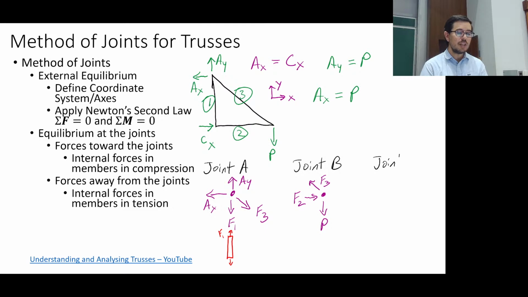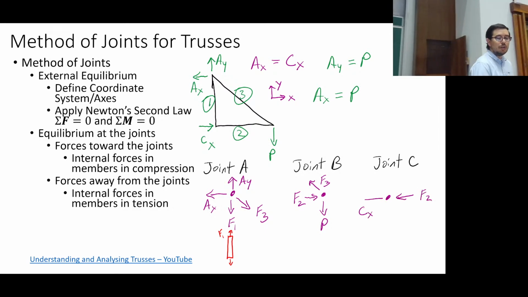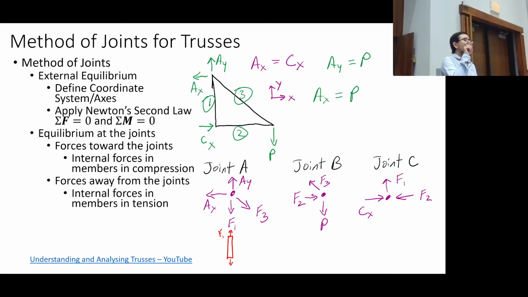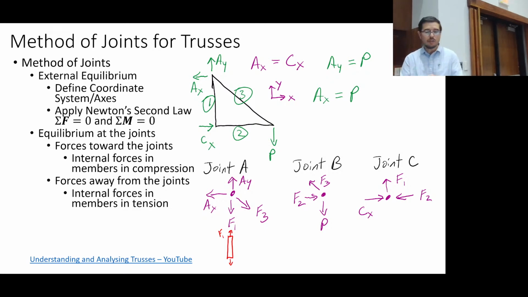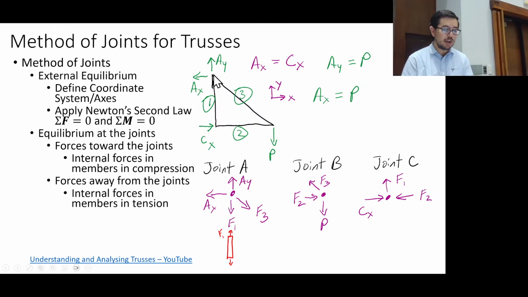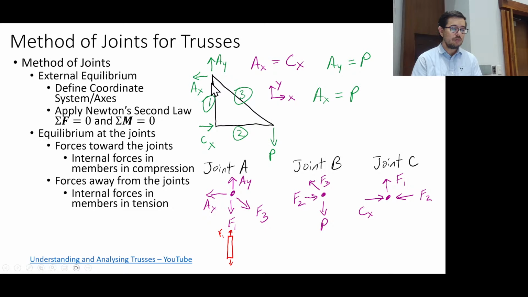All right, so this is the method of joints very quickly. You say there's a joint, and then you draw vectors. So let's say this is joint A right here, and we have the forces from the wall, reaction forces Ay and Ax, and we have forces from the members.